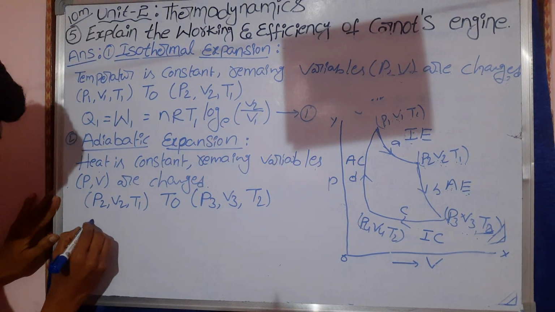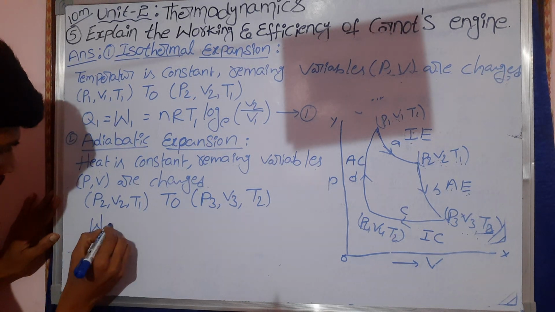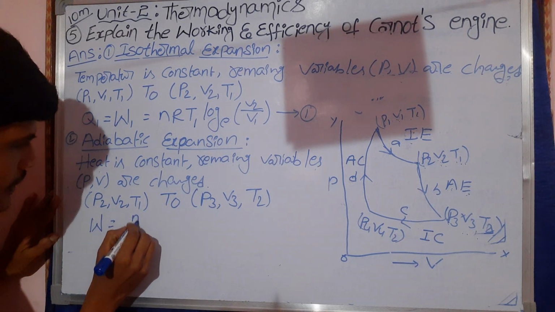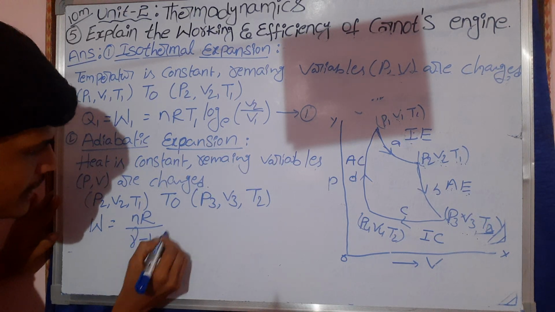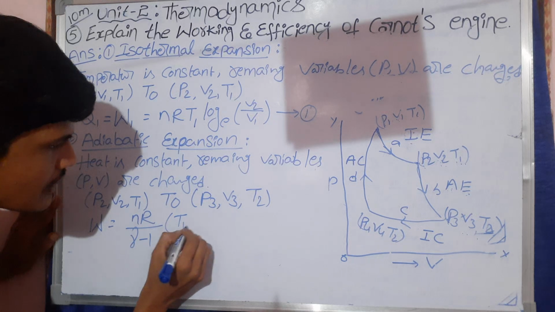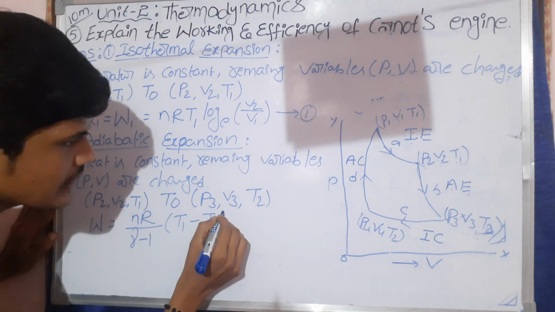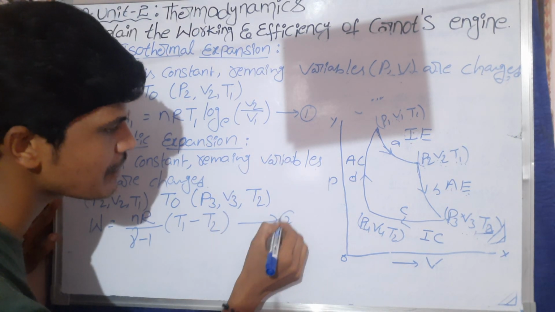The work done W2 equals nR by gamma minus 1 into T1 minus T2. This is equation number 2.